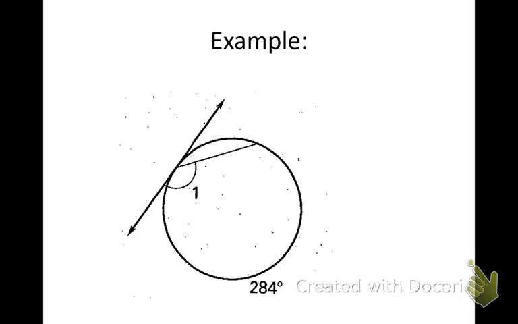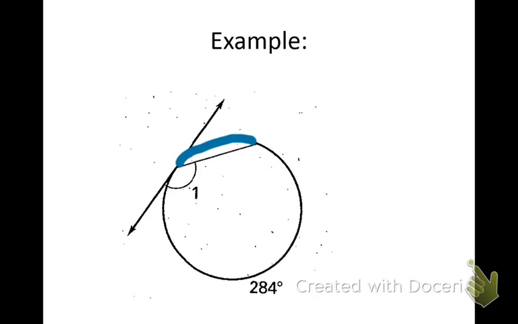Example. We have to find the measure of angle 1. In the previous explanation they talked about this arc, right?